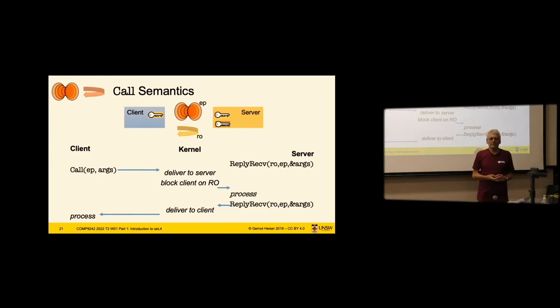Other questions? Cool. So in terms of the server, these reply objects really support a notion of anonymous clients. The server doesn't have to know who the clients are. And if it's a stateless server, then that's typically enough. It doesn't need to know who's invoking it.